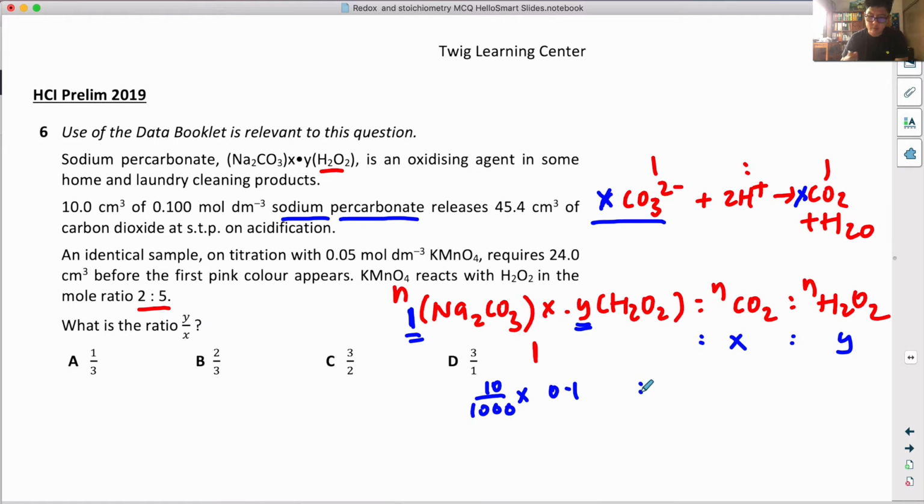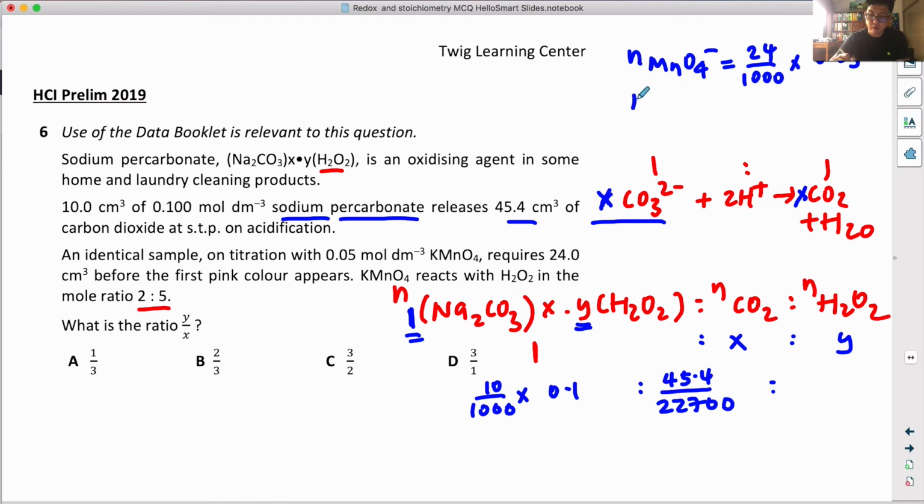How many moles of carbon dioxide? This is from the volume, so you can calculate the moles. It's 5.4 over 22700. What is the number of moles of H2O2? I can do a quick calculation here. Number of moles of MnO4 minus first, which is actually 24 over 1000 times 0.05.